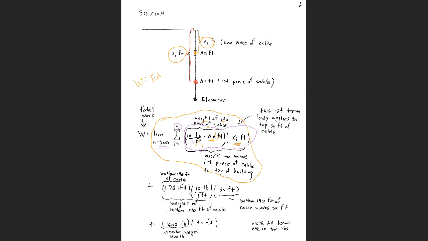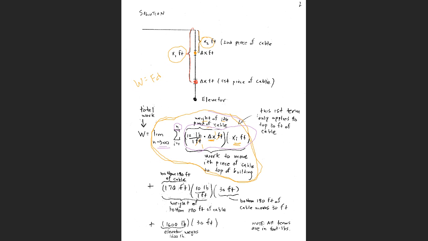But of course, what would the first piece of work be for the top 30 feet of cable? For the top 30 feet of cable here, what would that Riemann sum become as we take the limit as n goes to infinity?